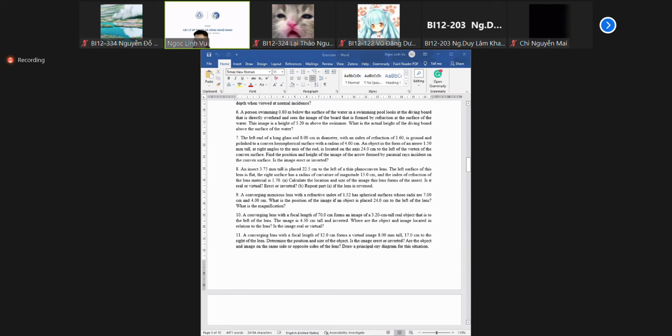Therefore, you proceed to calculate using both the lens maker equation and the thin lens equation. You plug in the numbers and then you can calculate the S prime, that's the answer for part A, right? And then for part B, it's much more simple, okay?